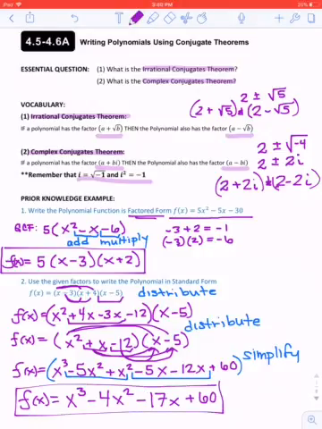You'll see a pattern throughout this chapter that if you have 3 factors, you should have x cubed as your first term. If you have 8 factors, you should have x to the power of 8 as your first term. That greatest degree tells you the number of factors in a fully factored form.